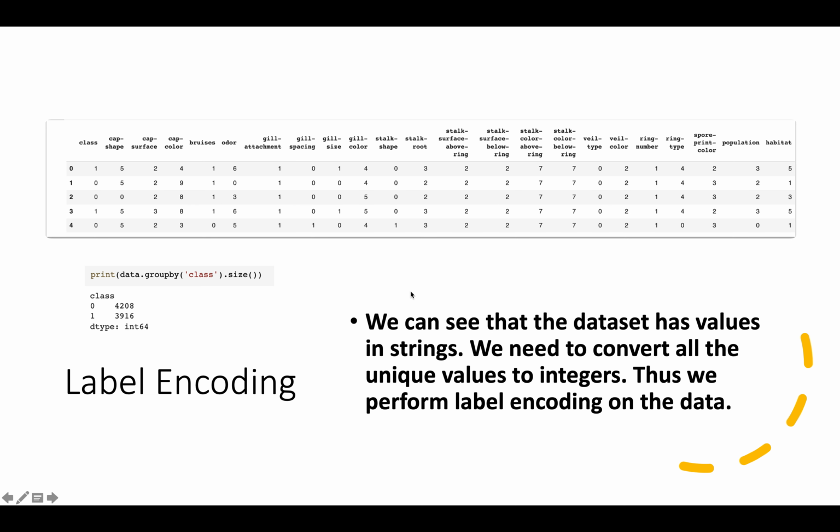Since our data is letters, which are characteristics, we are going to use label encoding to convert all the unique values to integers. Thus we performed label encoding on this data.